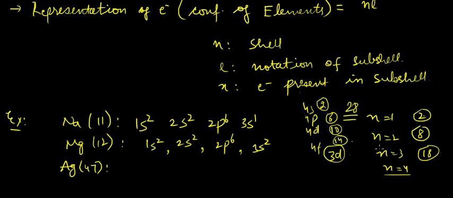So up to 4d, 18 electrons can fill, so 28 plus 18 gives me 46. Up to 4d all are filled, then how many electrons are remaining? 1 electron is remaining because the atomic number is 47.